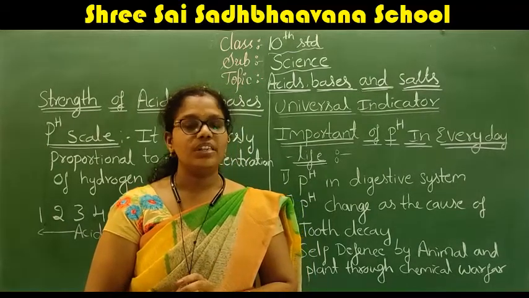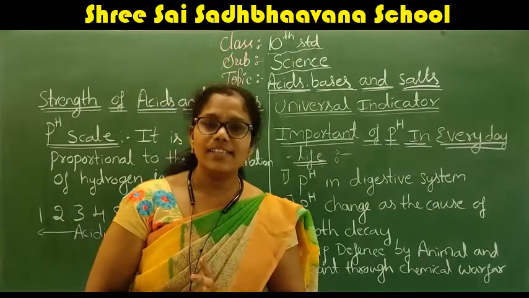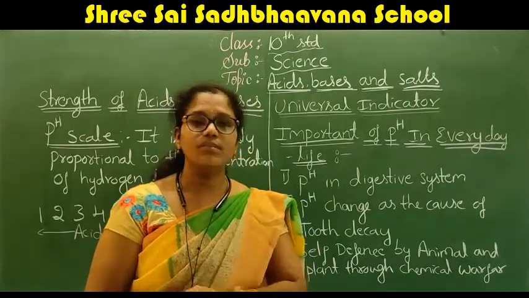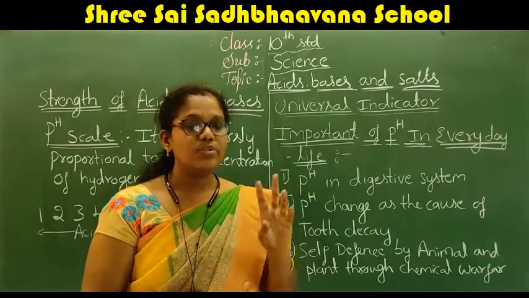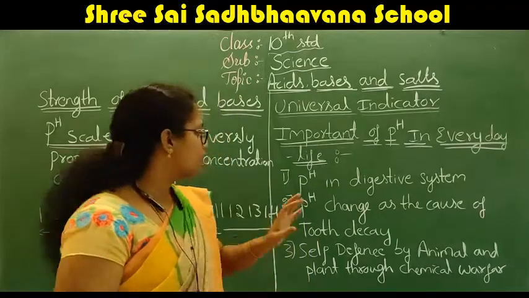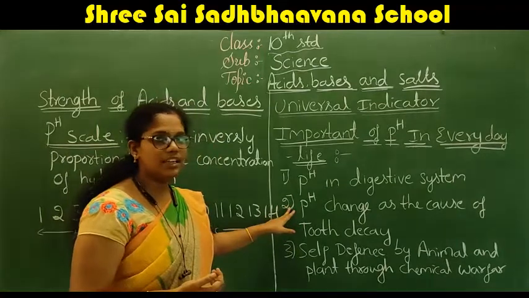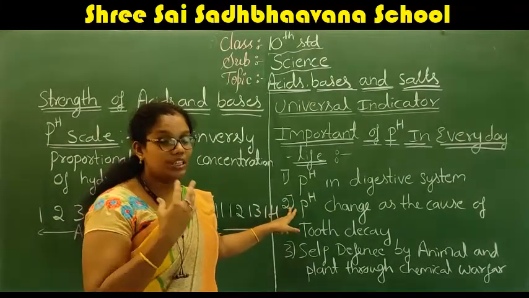If you use the base daily 2 times, it neutralizes the atmosphere of the mouth. That's why we tell you to brush 2 times. Understood what is the role of pH in tooth decay? If you don't use enough of the base, your tooth gets decayed.